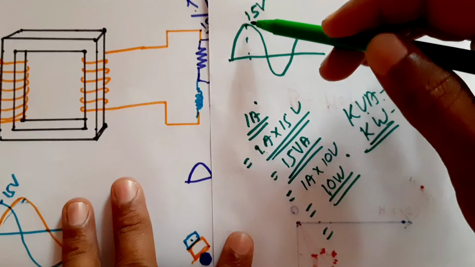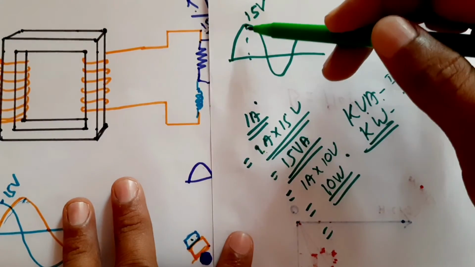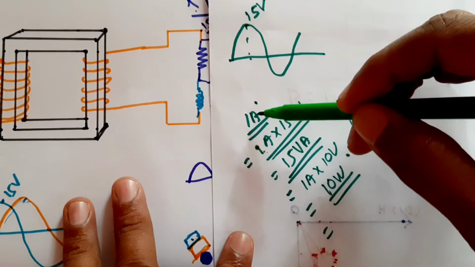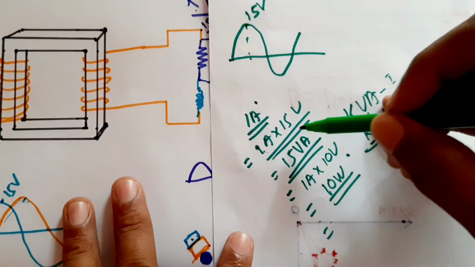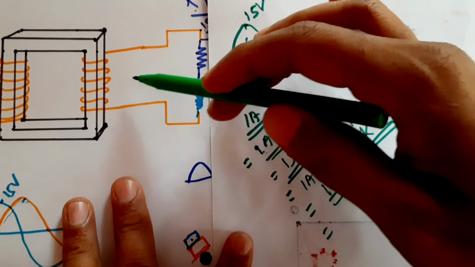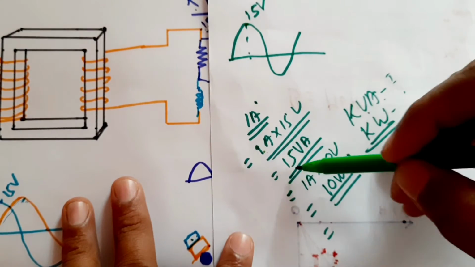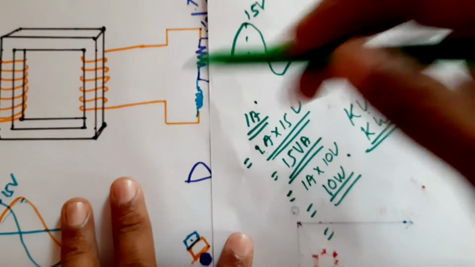We consider this is the voltage at the secondary. That means it has a peak voltage of 15 volt. At the instant, if the current is 1 ampere, the instantaneous power that the transformer has to supply is 1 ampere into 15 volt. This is the total energy that the transformer has to supply.